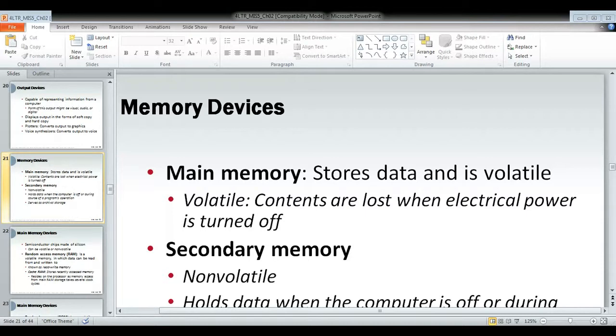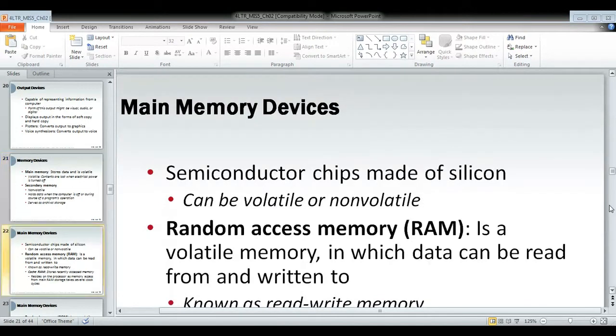We also have something called random access memory, which is a volatile memory as well, in which data can be read from and written to.